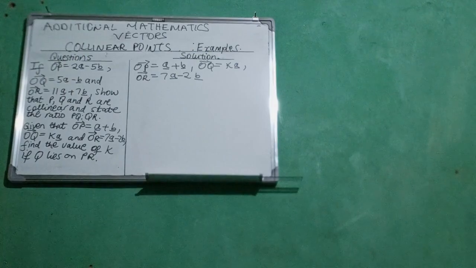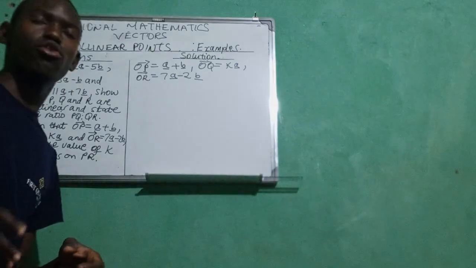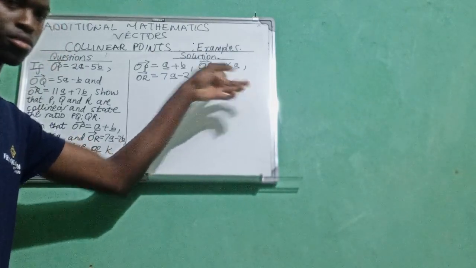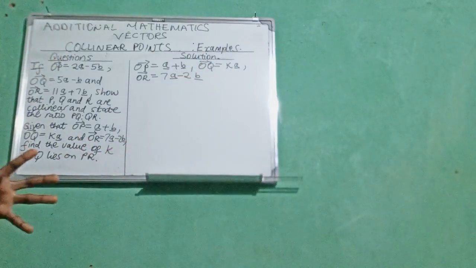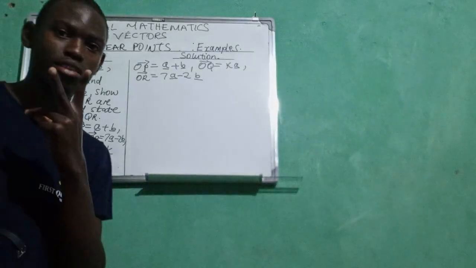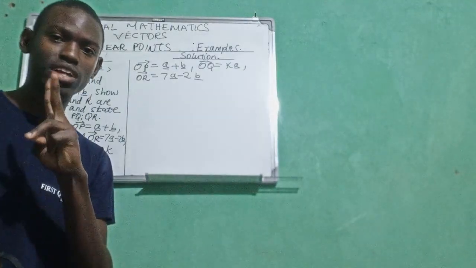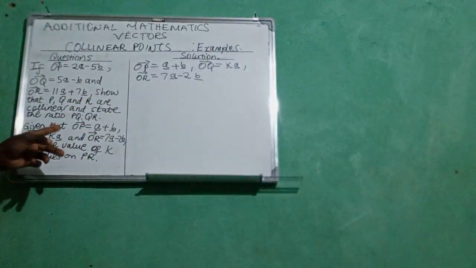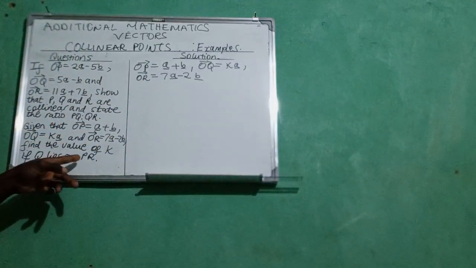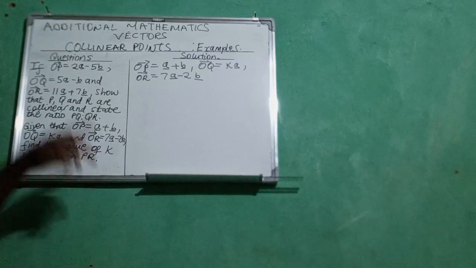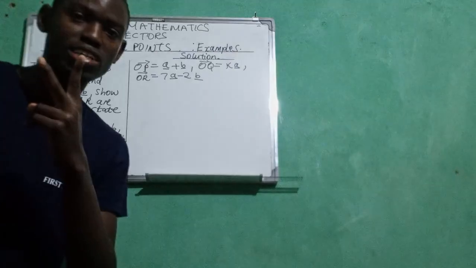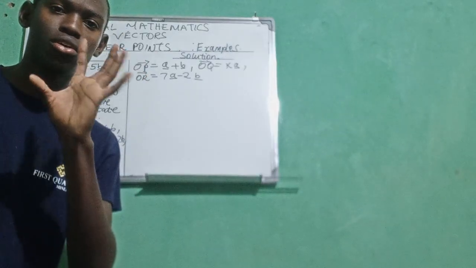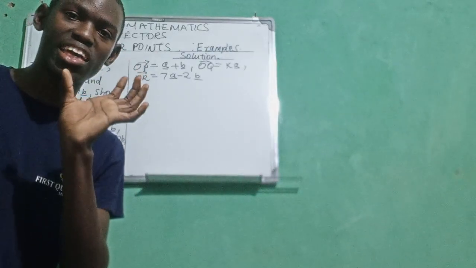Now, like I said in the other video, when we are finding the value of mu, here we have K. So we need to think of two resultant vectors, alright? Using the points P, Q, and R. We think of 2 points that when you answer in your equation, or in your vector rather, there will be K there.